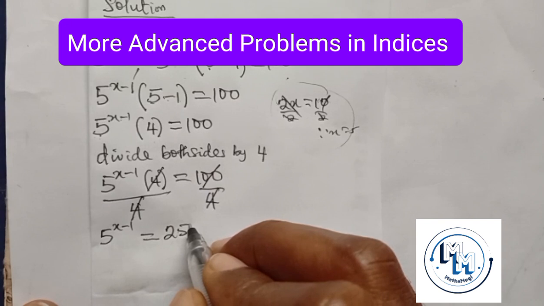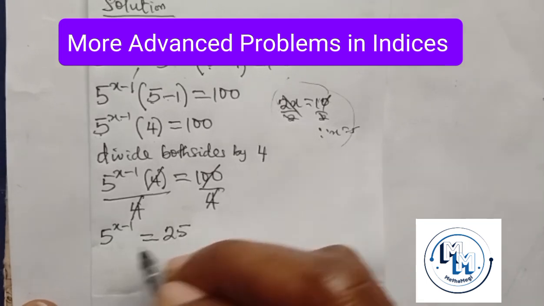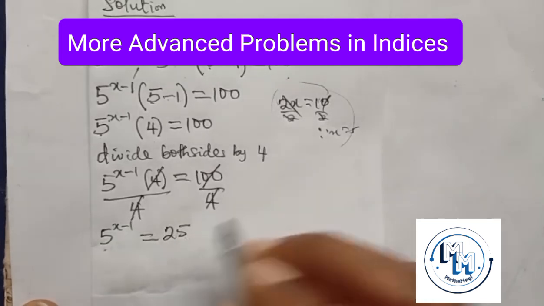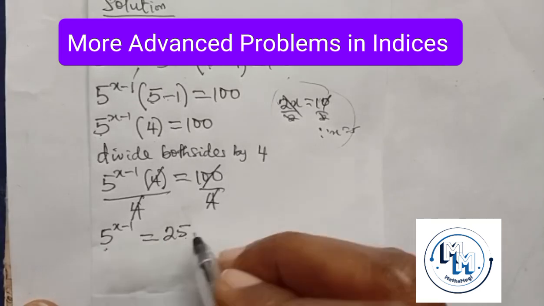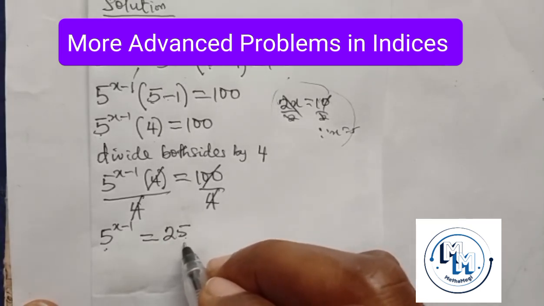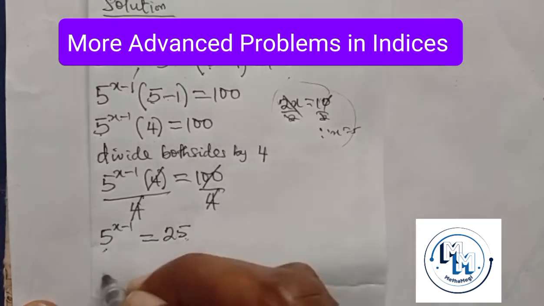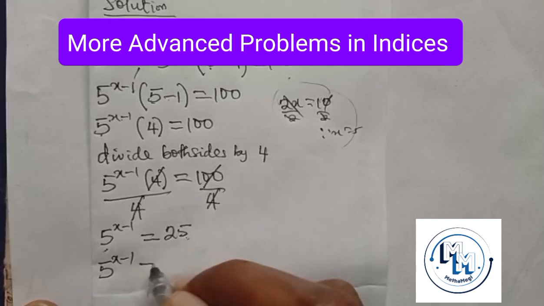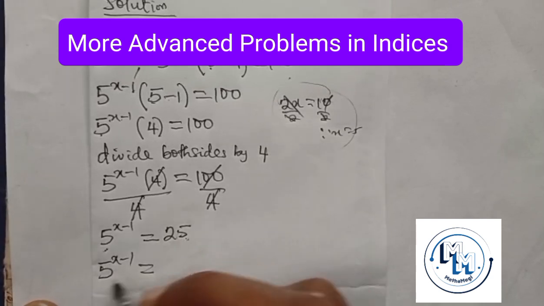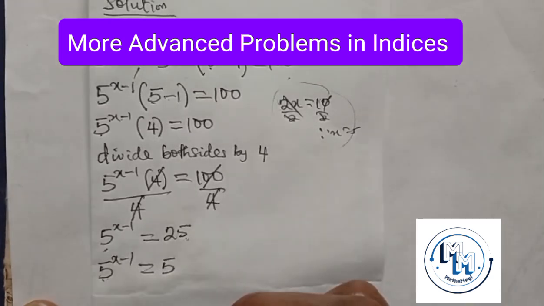Now this is an index equation. At this point, what we are going to do is to make the base here and the one here the same. Here we have 5 as the base. This is just a whole number. So let's make this whole number have the same base as this. In other words, I have 5 power x minus 1 equal to 5 to the power of what?